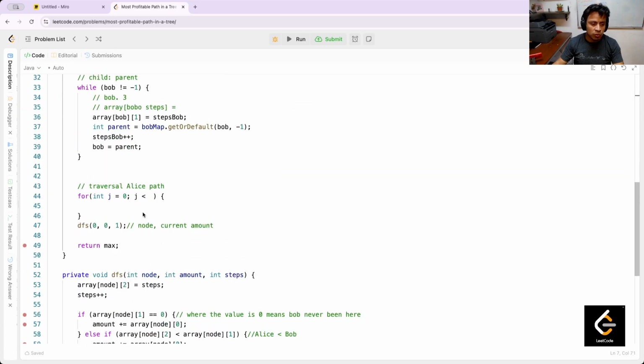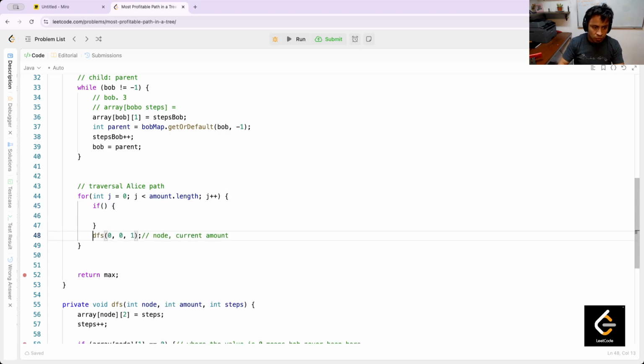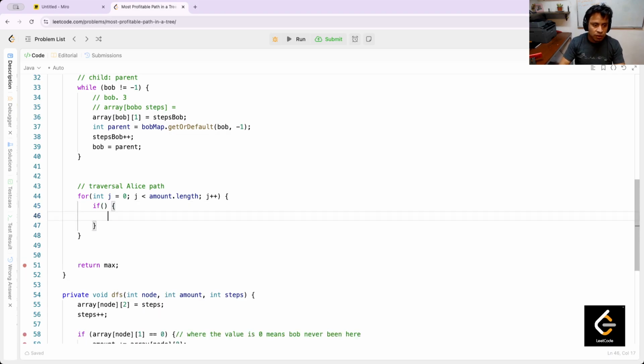I think that is amount length. j plus plus and execute this with one conditional where you execute while this value has not been checked before, and in this case it is seen dot contains, seen is a hash set, j, and in this case j is here.